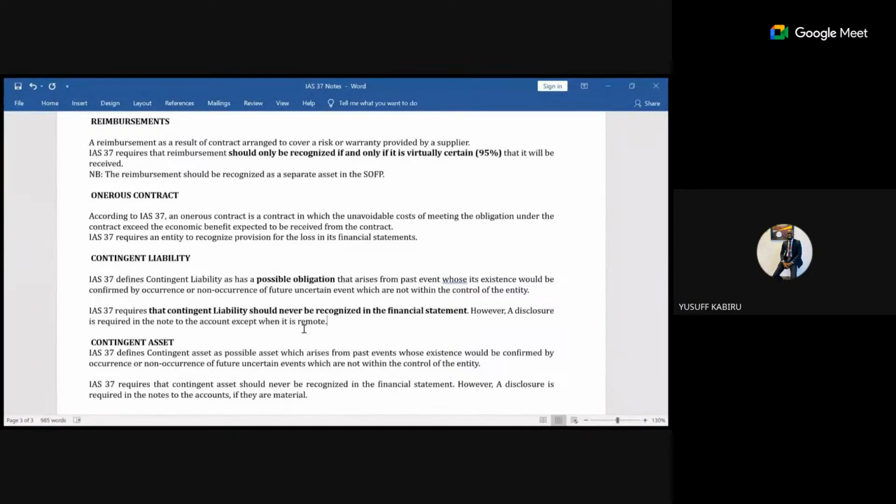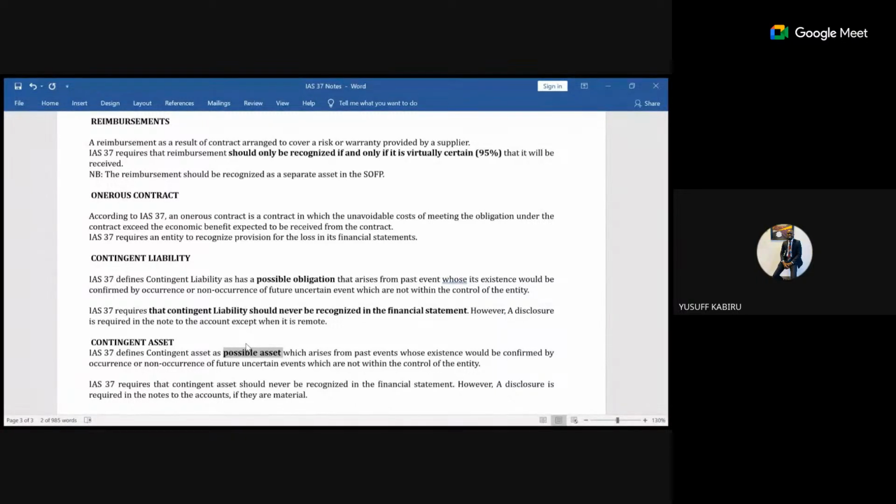Then the same thing applies to contingent assets. It defines contingent asset as a possible asset, an asset that is not sure for you. You don't know, maybe you collect it, which arises as a result of past events, whose existence will be confirmed by occurrence or non-occurrence of future uncertain events, which are not within the control of the entity.